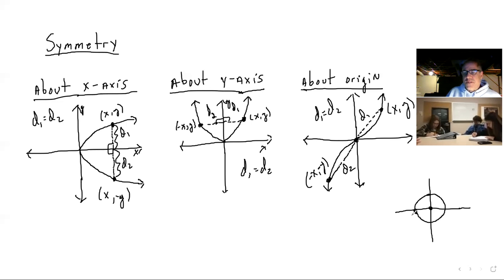A geometric definition of a circle is a set of points in the plane, all equidistant from a fixed point. That fixed point is what we call the center. That same distance is called the radius of the circle. In 2.4, we're going to look at equations of circles. So that would be one example.